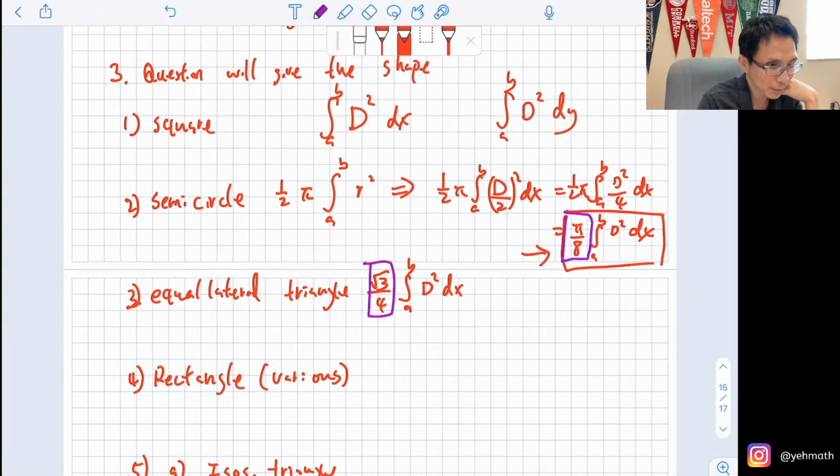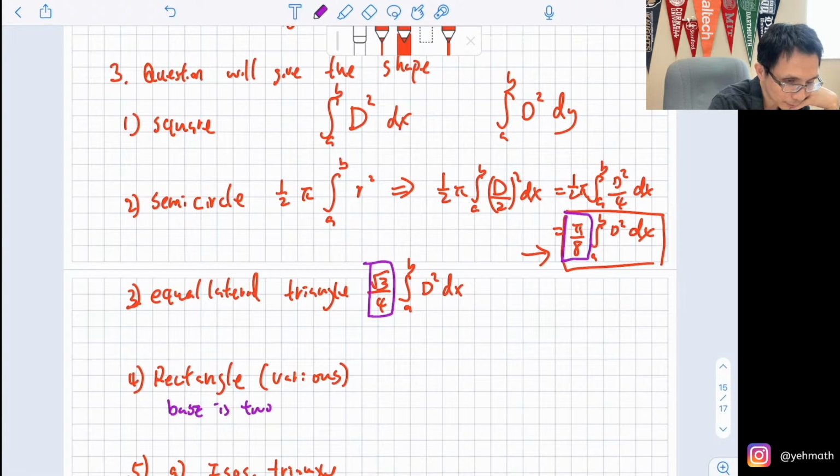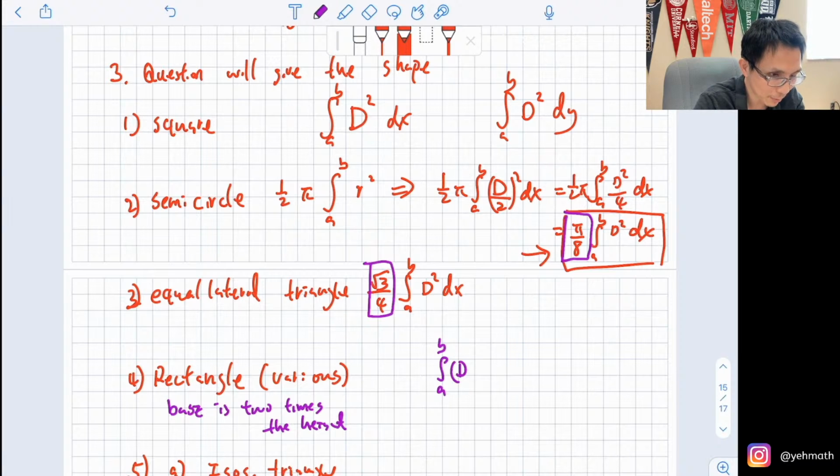Now rectangle, sometimes the question they can ask you is about a rectangle. They usually say the rectangle base, which is the difference, is 2 times the height. So in that case, it's a to b, and d is the base.